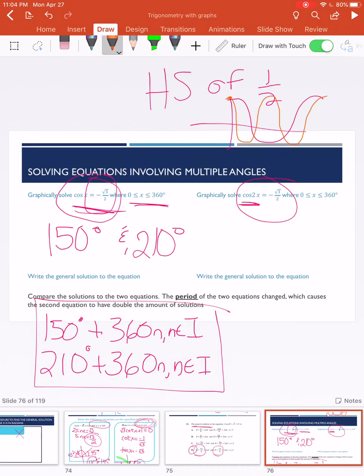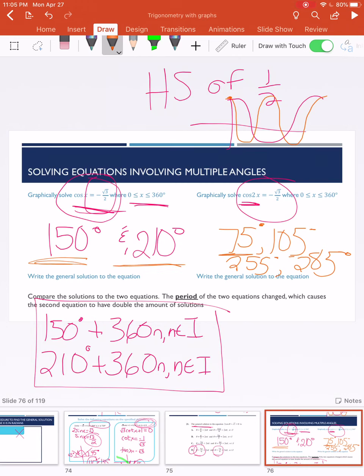Okay, so now if you were to find all those solutions on your graphing calculator, they would be 75 degrees, 105 degrees, 255 degrees, and 285 degrees. So what ends up happening is this 150 was cut in half to give me that solution of 75, and this 210 was also cut in half to give me that solution of 105.